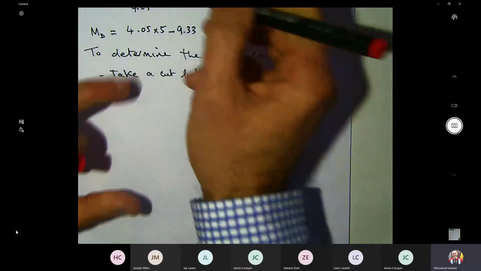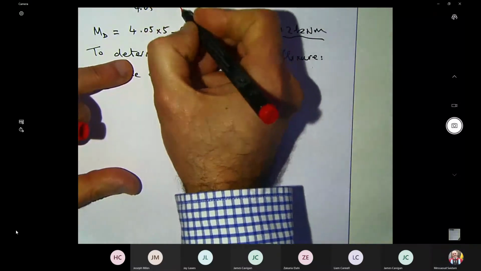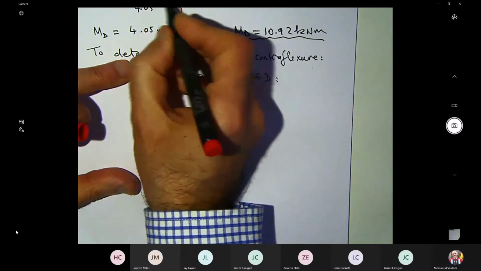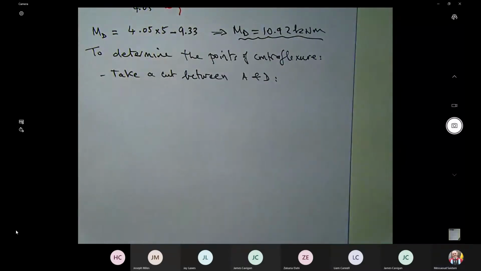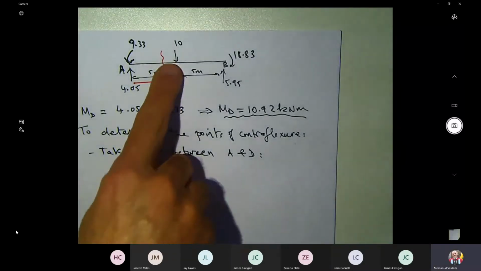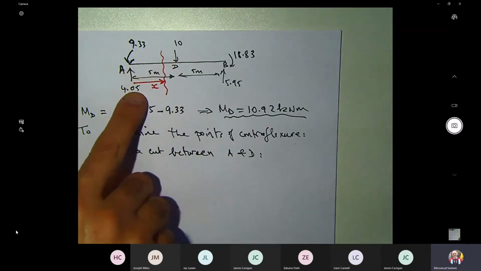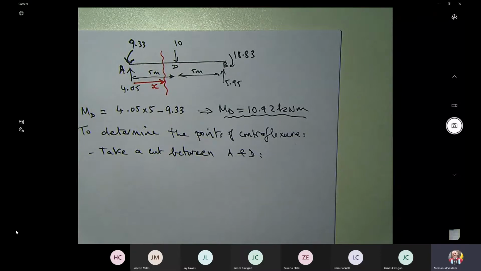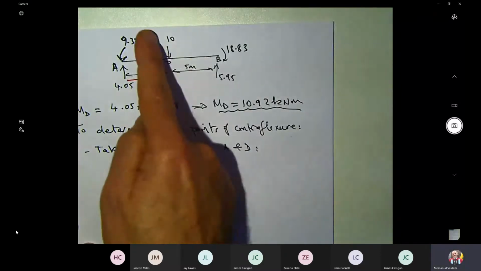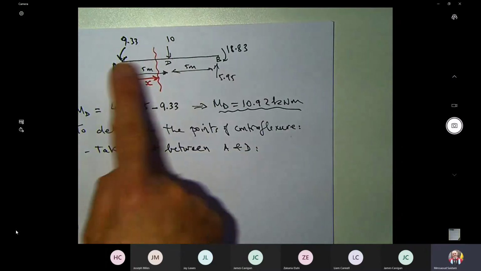We take a cut here, and let's take the origin at A and call this distance here x. So we take a cut there, between A and D.